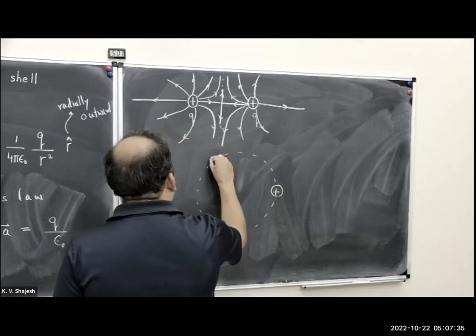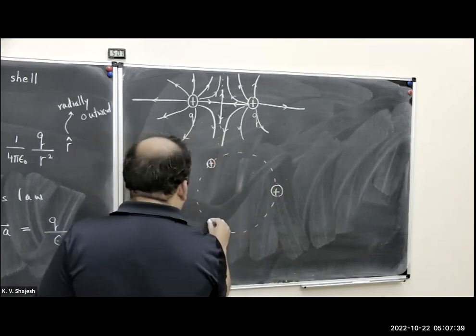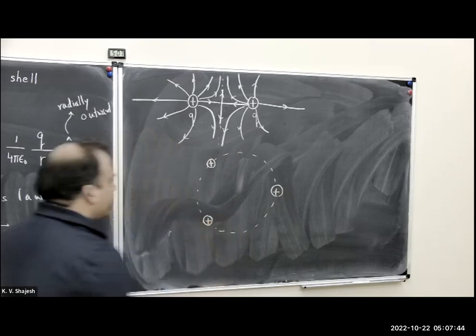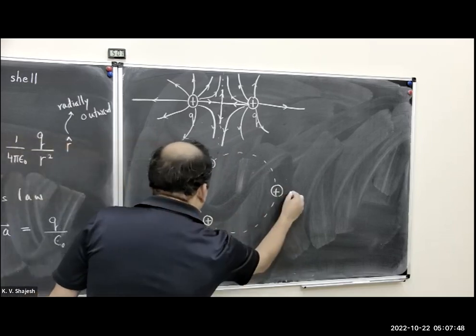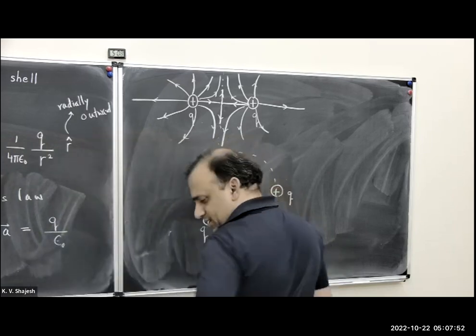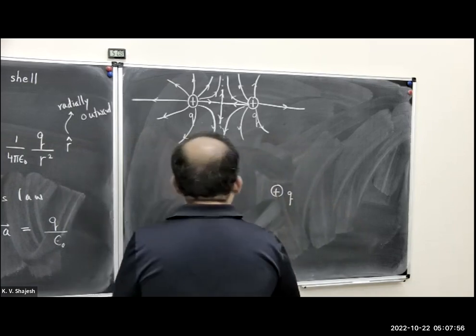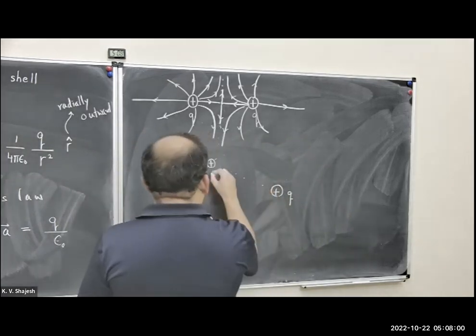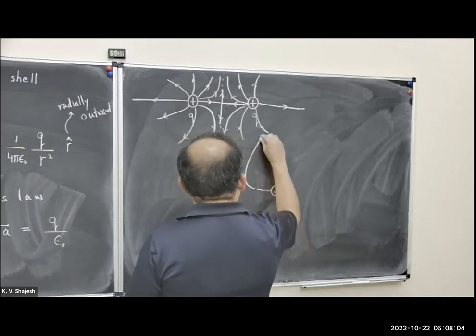And so this is on an equilateral triangle. That's your 3 charges. And again, let us try to draw the electric field lines, and it should be clear that it will be something like this.